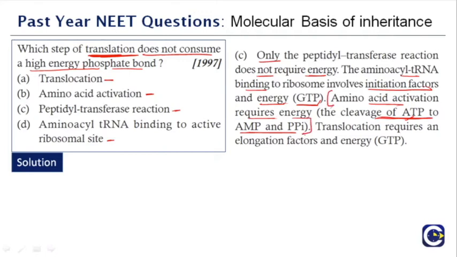Translocation requires an elongation factor and energy in the form of GTP. So you must go through this solution very nicely and remember where GTP is used and where ATP is used, because there can be questions like this, as we have seen in the previous videos. So the right answer is option C.